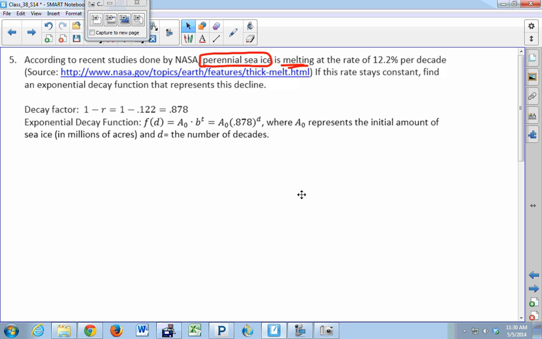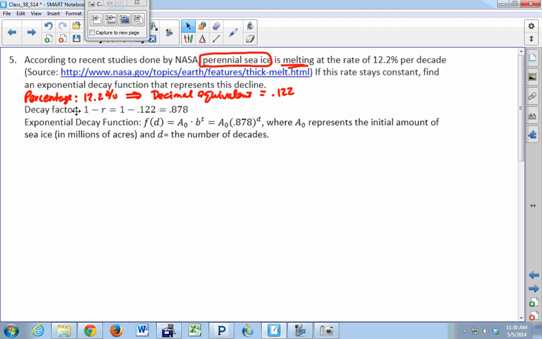So the first thing you do is you find your percentage. Your percentage is 12.2%. Then you convert that to its decimal equivalent, which is 0.122. But now you're not adding it to 1, you're going to subtract it from 1, because remember, now your base has to be a number between 0 and 1 because it's an exponential decay.